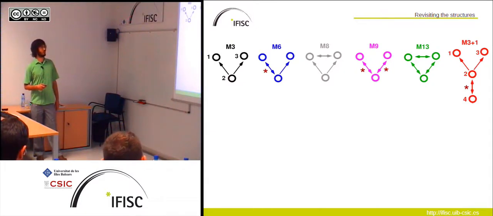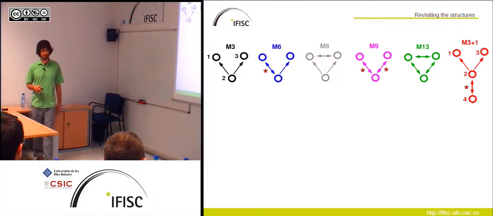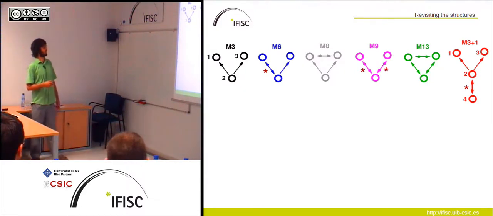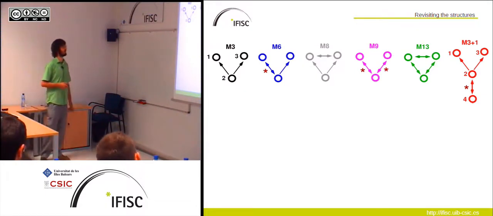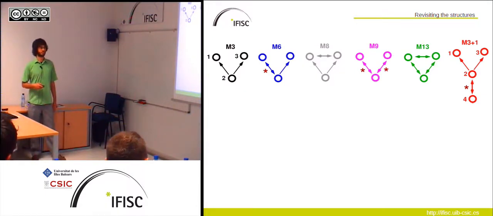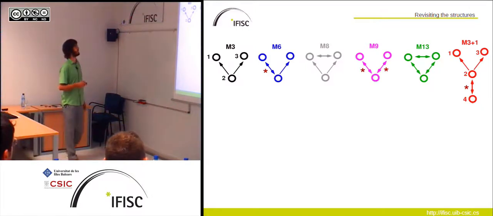So with this simple model, we revisit the structures. The dynamical relaying originally proposed was this motif here. So this is node 1, 2, and 3. We'd like to actually look at the common driving, which has been considered an important dynamics of the brain.